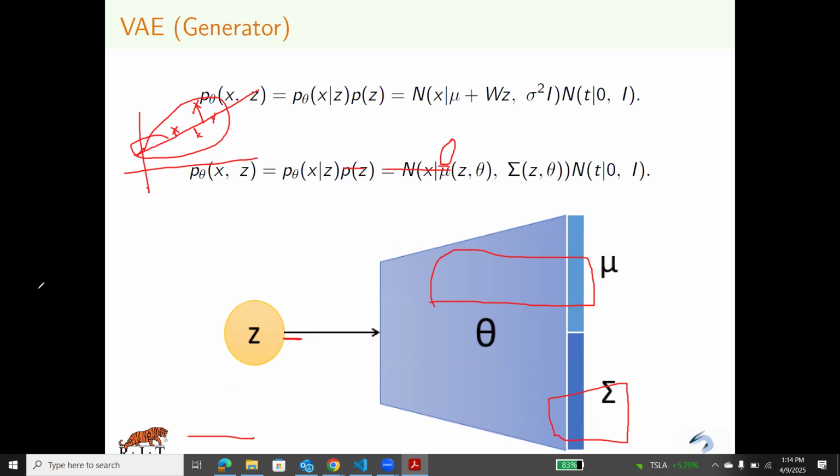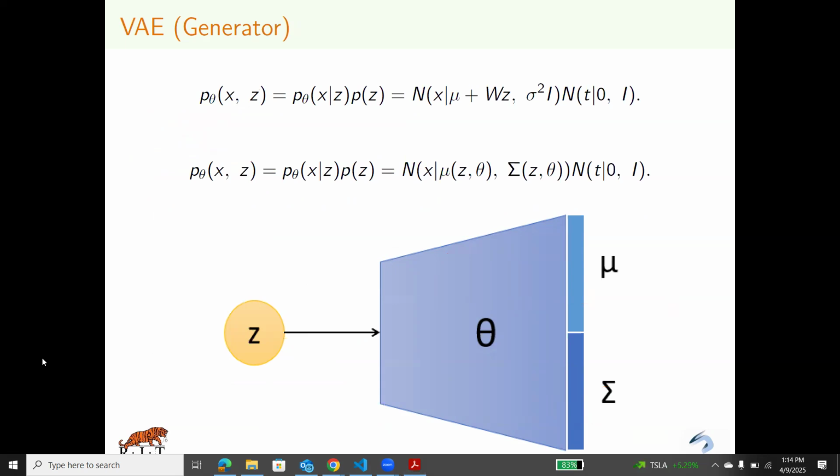Now let's move a little bit further, and instead of using linear assumption of our transform, we will change this mean and variance to nonlinear functions. And what is the most general nonlinear function? Neural network.